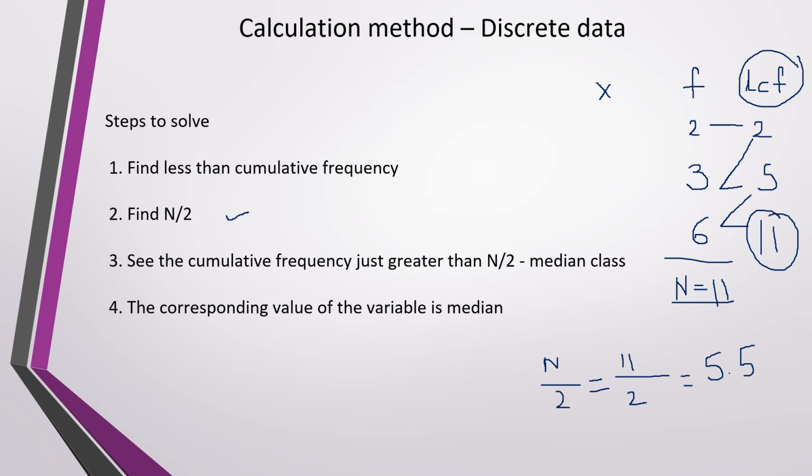So this entire class will act as your median class, and the median is the corresponding value of X. Whatever value you have here is your X, and this entire class is your median class, and this is your median.